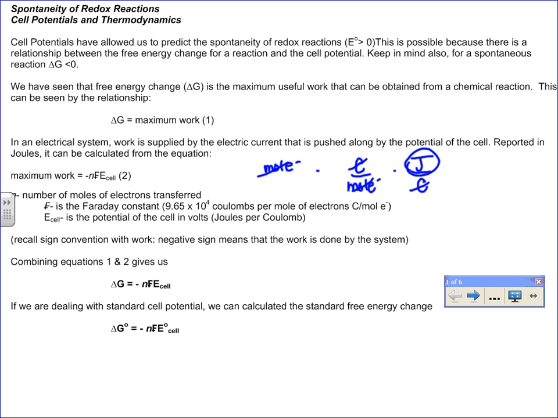We know that in an electrical system, the maximum work is defined by negative nFE. So what that means is that we've got this relationship: delta G is equal to negative nFE of a cell. And if we're dealing with the standard cell potential, it's delta G naught, and that would give the standard free energy, delta G naught, from the standard cell potential of E naught.